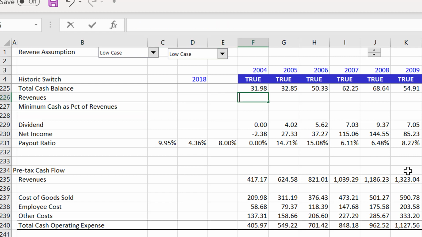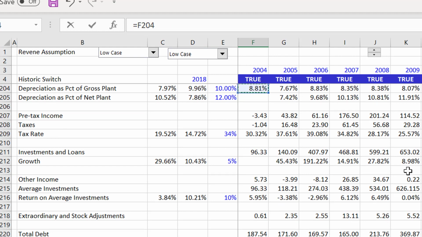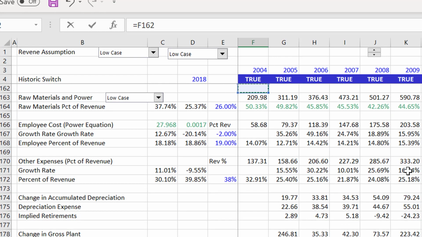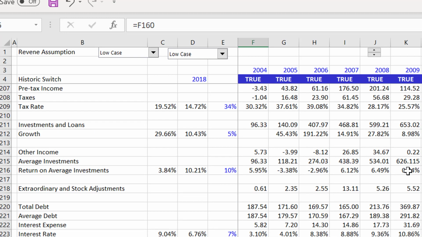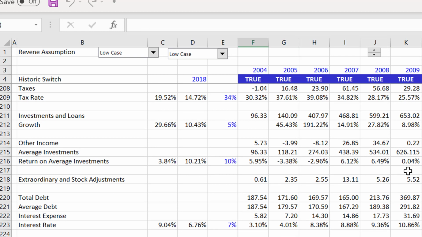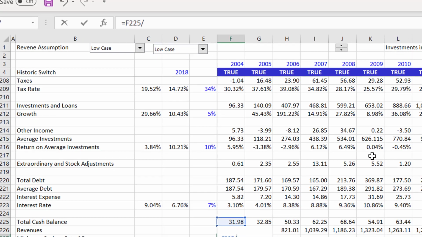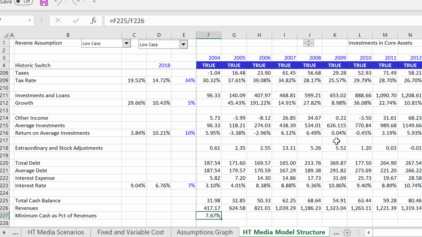Okay, so we'll just put this in and let's see what we get. We have to go upstairs a little to get the revenues. There we go. And we'll take the cash divided by the revenues, 8% about.